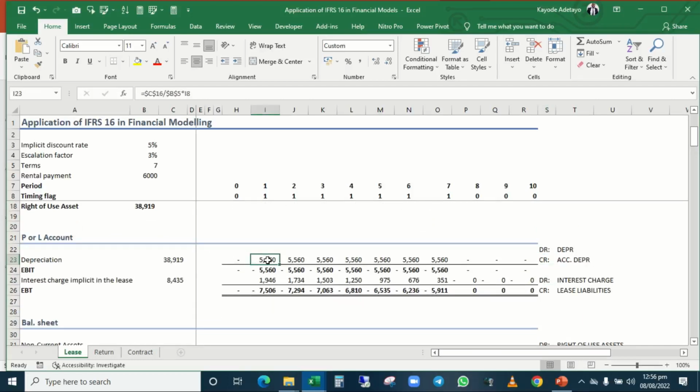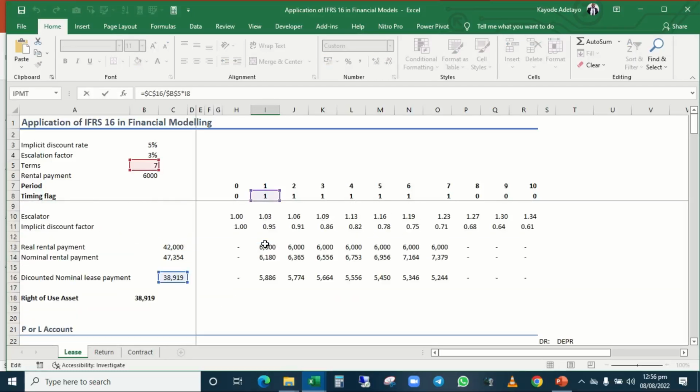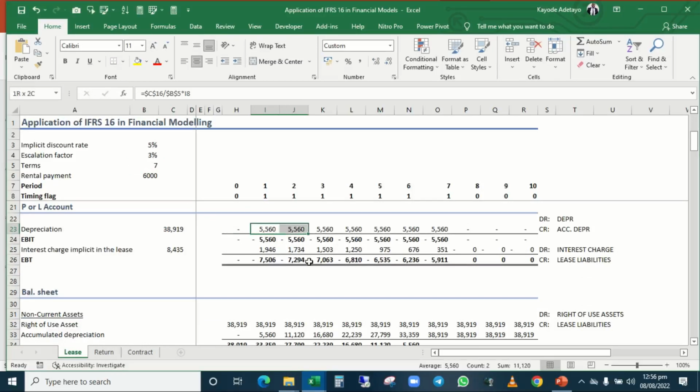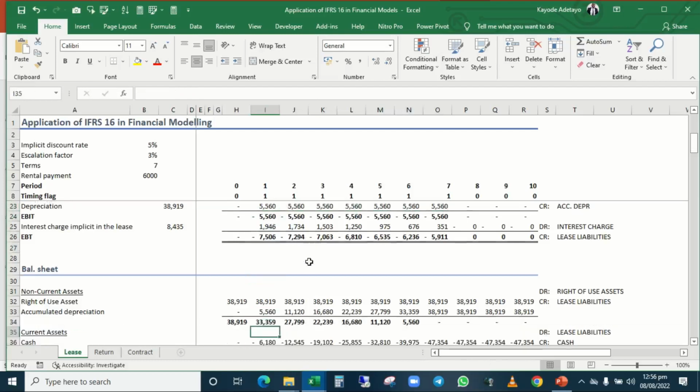The depreciation is just the value of the asset divided by 7, and we multiply with the timing flag so that it only occurs during the period of the lease. So that's what we've got, and we've got accumulated depreciation here credited as well.